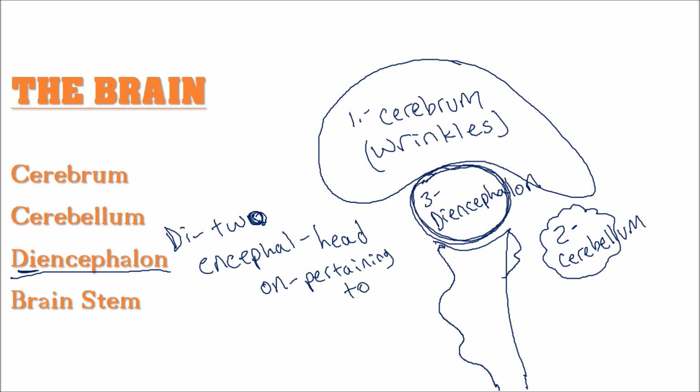And then down here, this whole little stem is obviously going to be the brainstem. And that goes down until it turns into, right about here, the spinal cord. And so that continues down through your vertebrae.